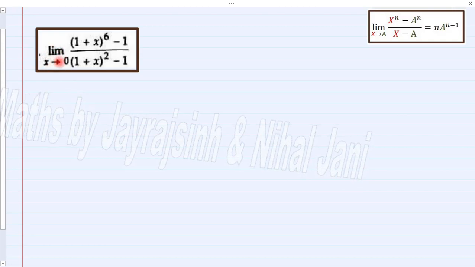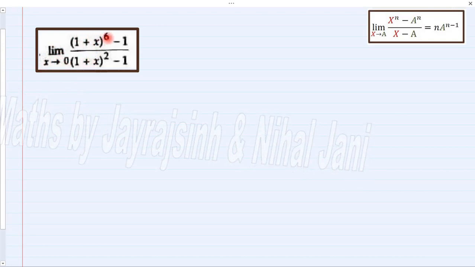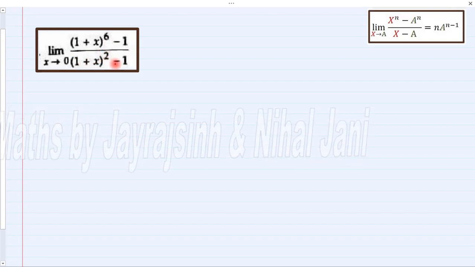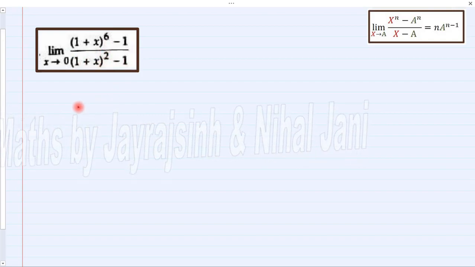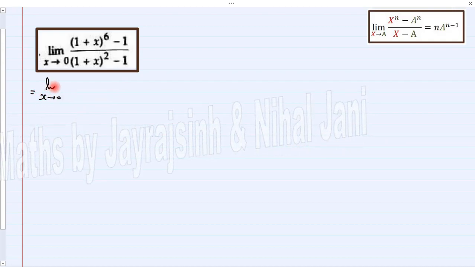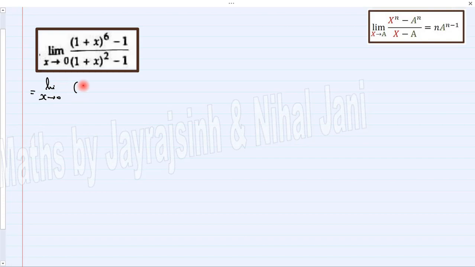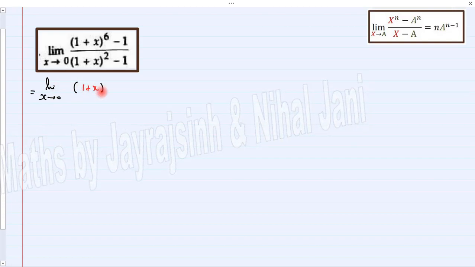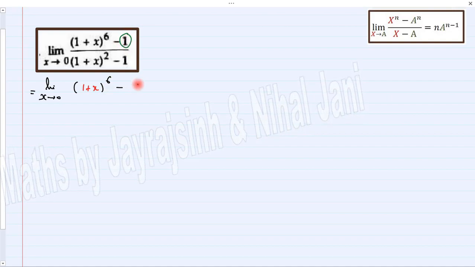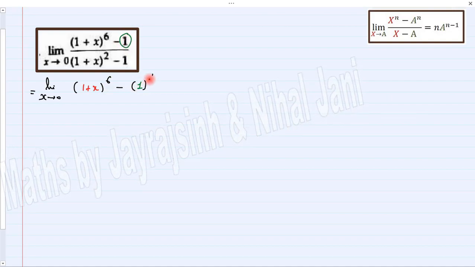In this question, we have limit x tends to 0, (1 plus x) raised to 6 minus 1 upon (1 plus x) raised to 2 minus 1. Now, if we talk about the numerator, we have (1 plus x) raised to 6 minus 1, this 1 can be rewritten as 1 raised to 6.